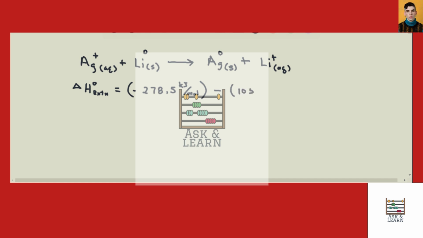Appendix C tells us that that is 105.90 kilojoules per mole. Completing the calculation here gives us negative 384.4 kilojoules. Notice it's a negative sign, so that is exothermic.